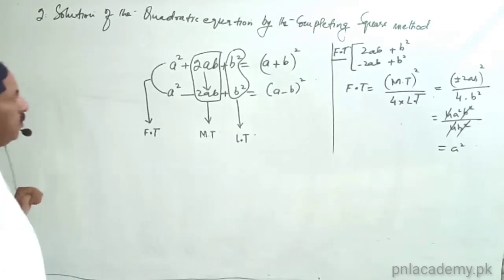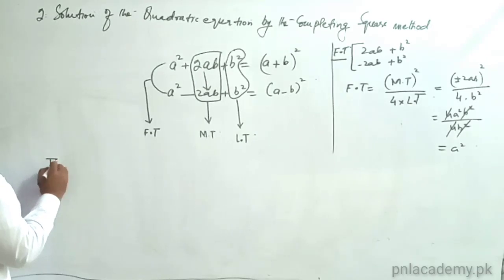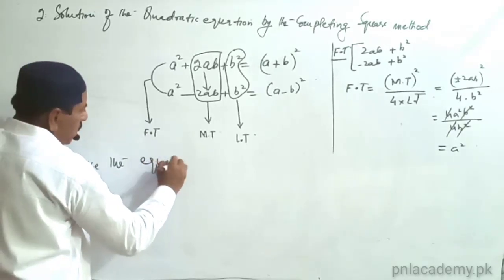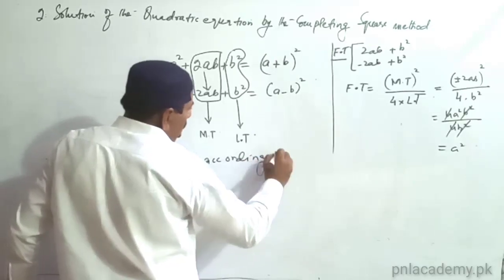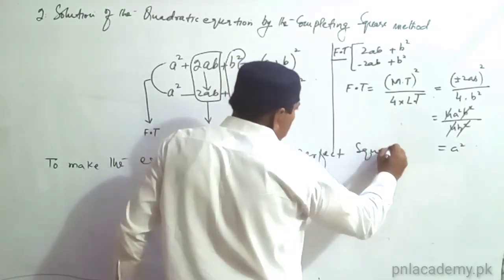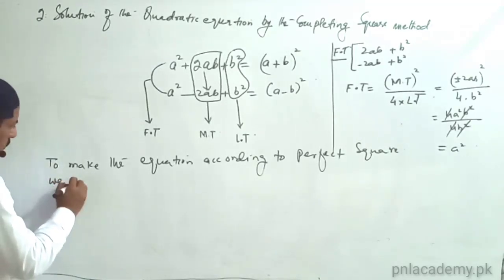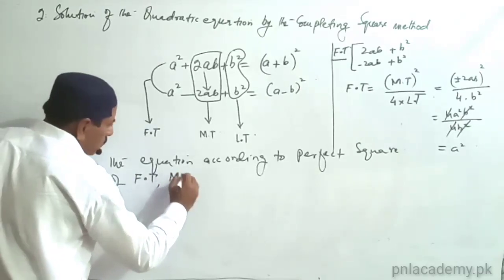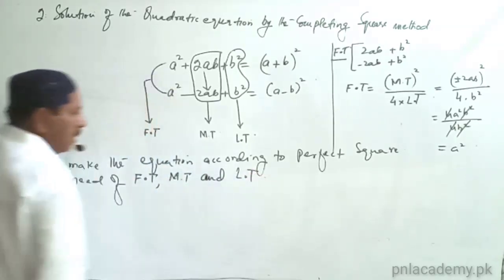So similarly, to make the equation according to a perfect square, we need the first term, middle term and last term.